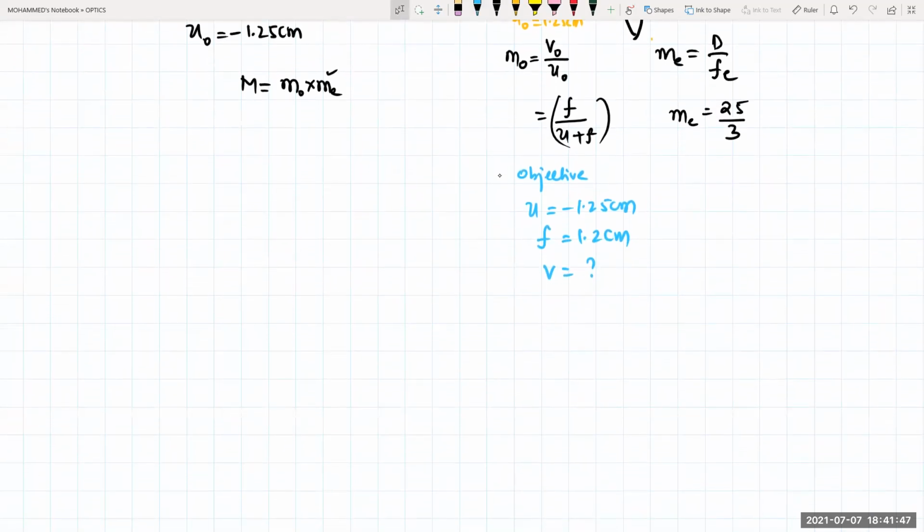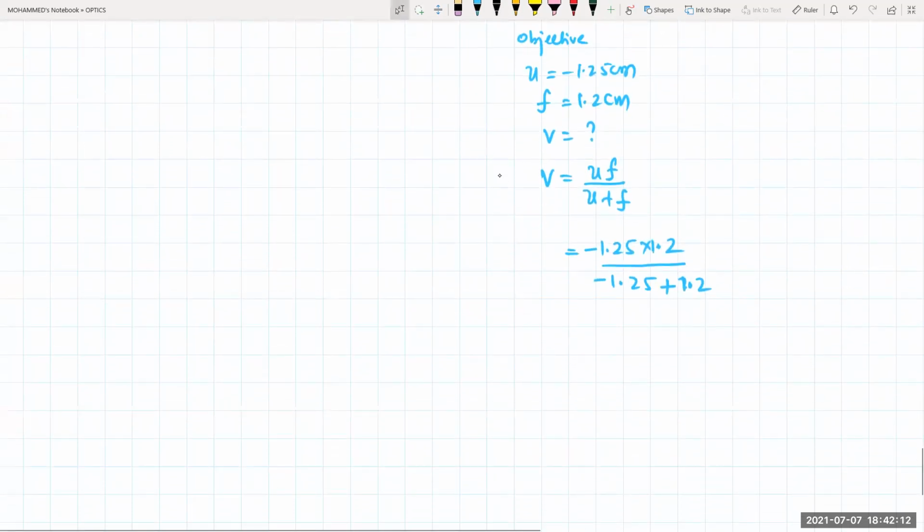Let me take V is equal to U into F divided by U plus F. U value is minus 1.25 into focal length 1.2, divided by minus 1.25 plus 1.2. What do we get for this? Minus 1.25.